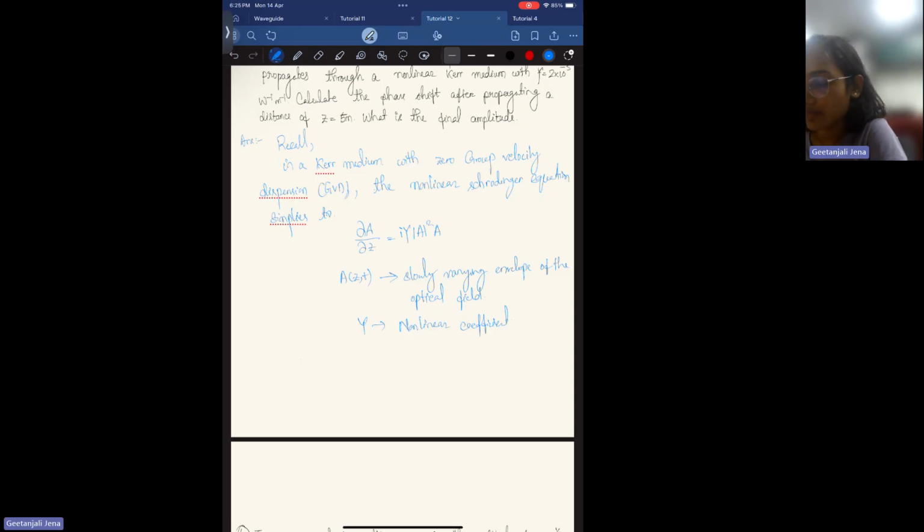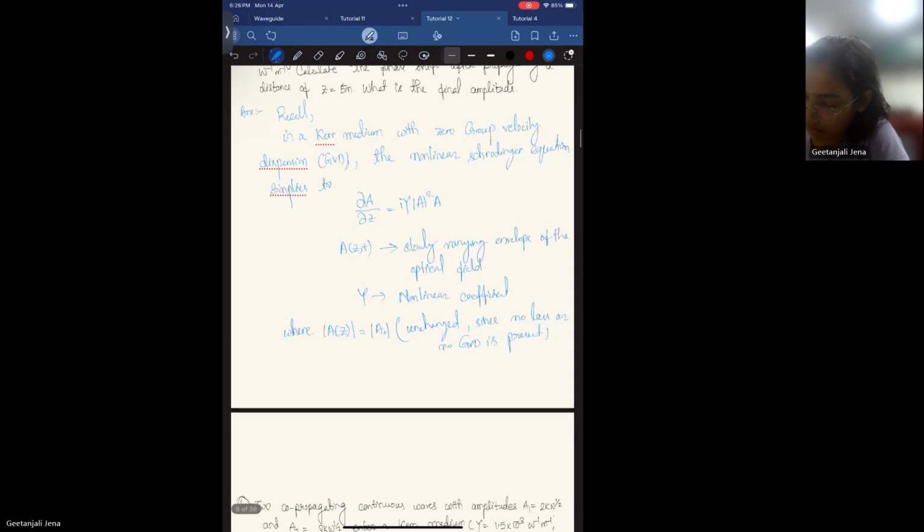Whenever we have this kind of medium, that is when the GVD is zero, so beta 2 is zero, we have seen in the class that the amplitude of the envelope will remain unchanged. Whatever the value was before, it will remain as it is, since no loss or GVD is present.